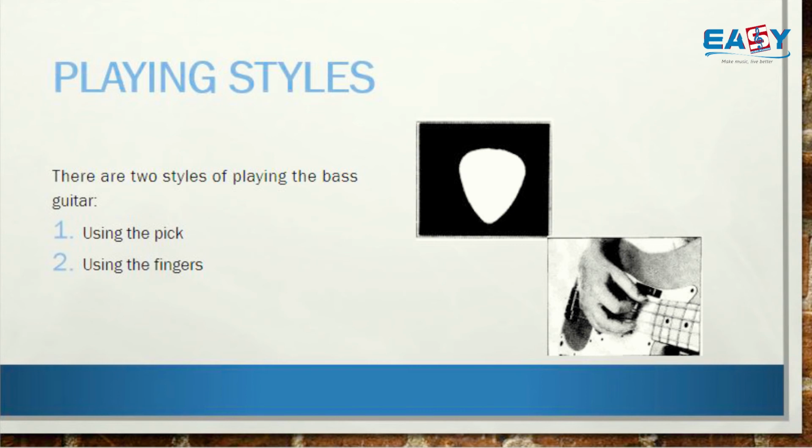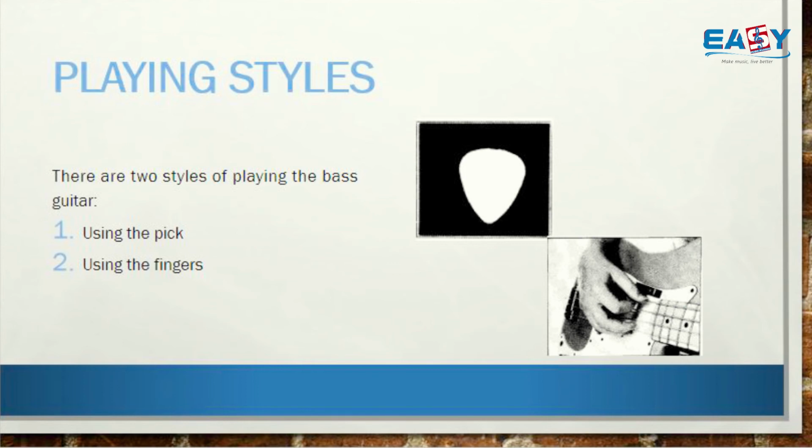They are the ones familiar with the pick, but for bassists, I'm not quite sure. Many people are very familiar with using fingers, so I don't want to say much about the playing styles, as you really know.